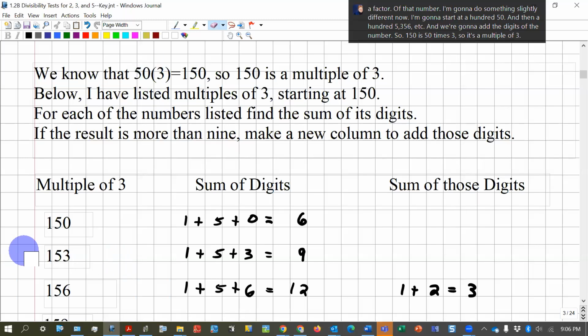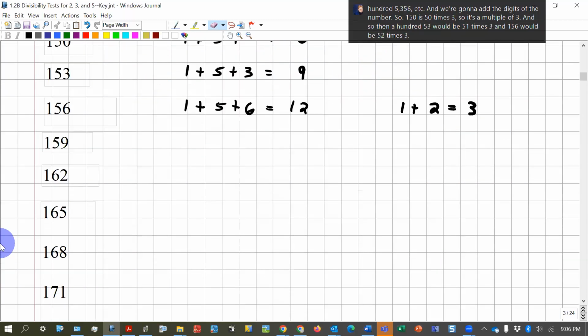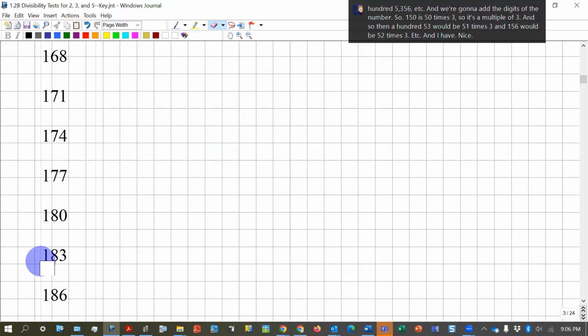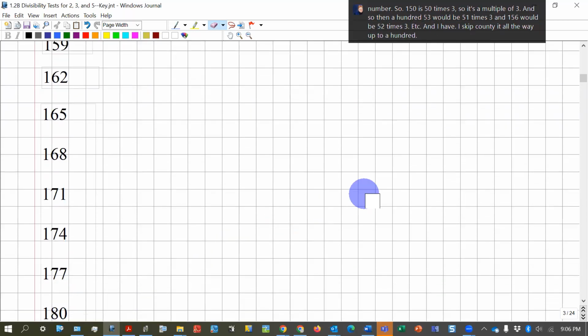And so then 153 would be 51 times 3, and 156 would be 52 times 3, etc. And I skipped counting it all the way up to 189.